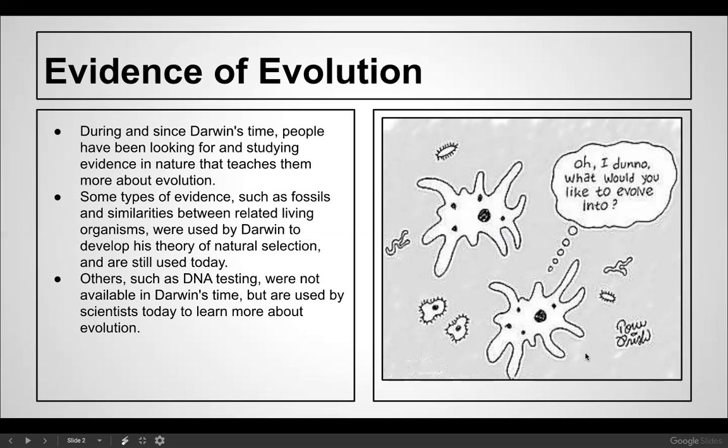Some types of evidence, such as fossils and similarities between related living organisms, were used by Darwin to develop his theory of natural selection and are still used today. Others, such as DNA testing, were not available in Darwin's time, but are used by scientists today to learn more about evolution.